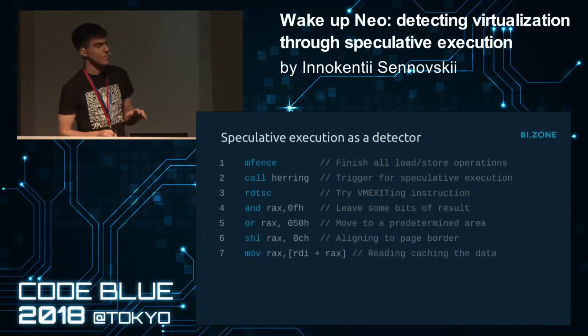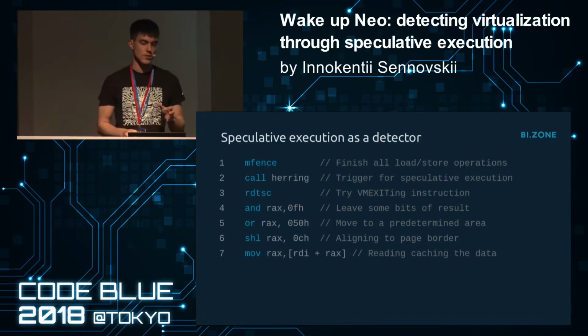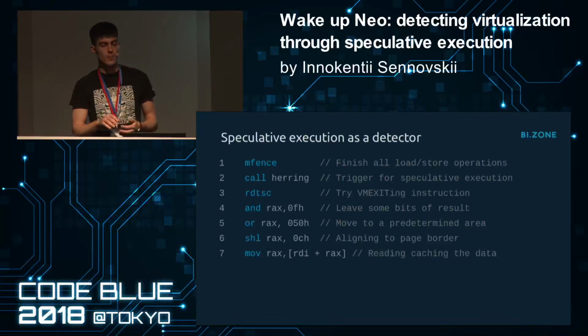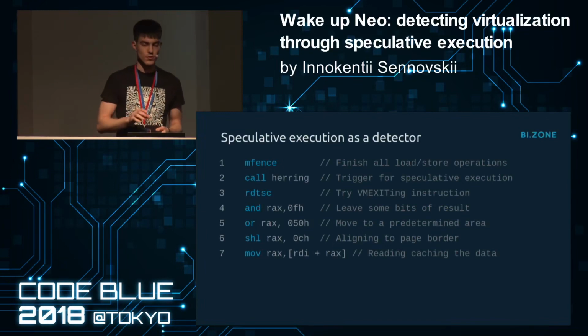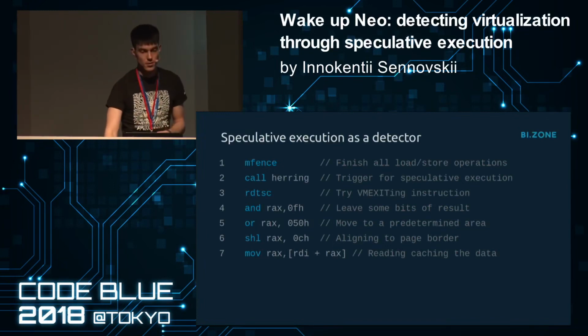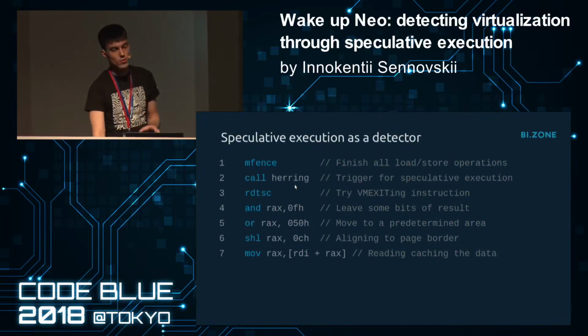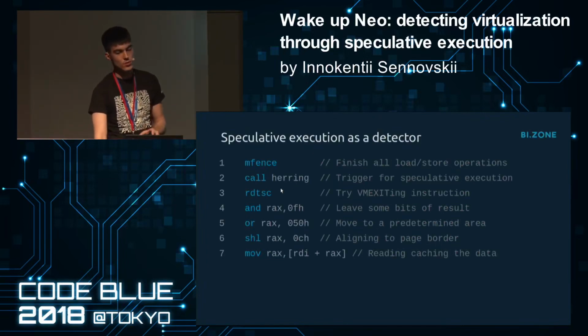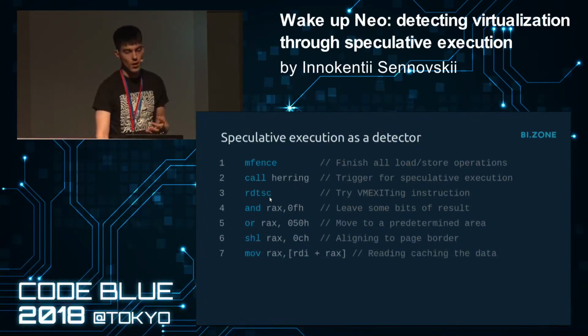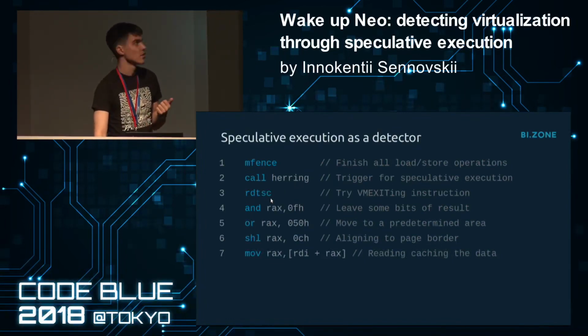What we do is place an RDTSC instruction in the speculative region, and then base memory accesses for the side channel on the value which was returned. So here we get the standard mfence instruction, then the code which triggers speculative execution. Then we get RDTSC, which returns data to registers EDX and EAX.